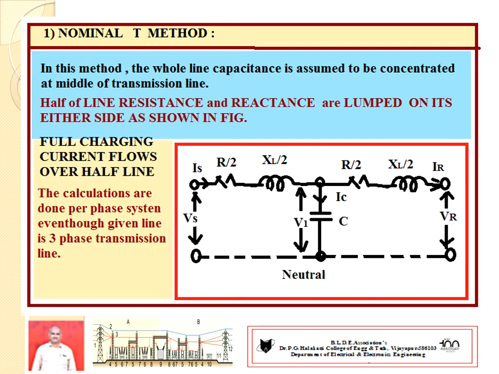First we discuss the nominal T method. In this method, the whole line capacitance is assumed to be concentrated or lumped at the center of the transmission line, as shown in the equivalent circuit diagram.